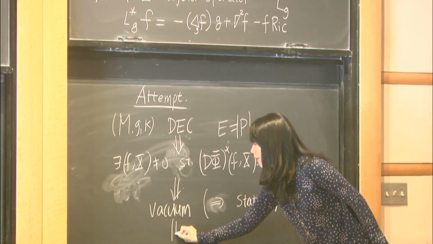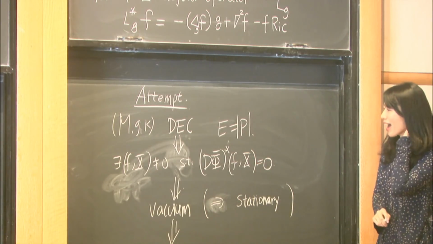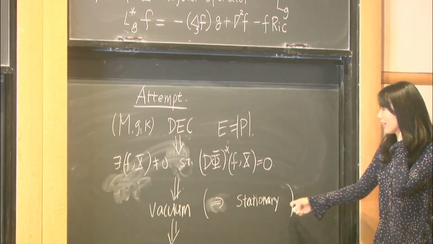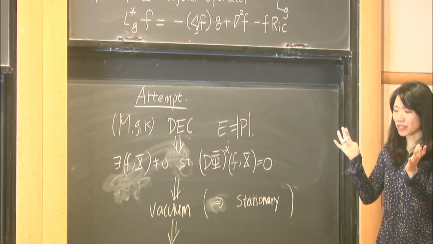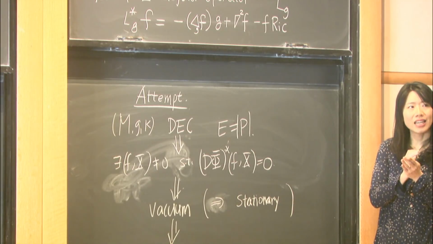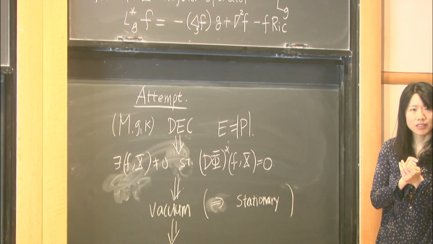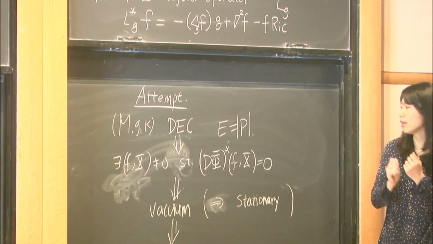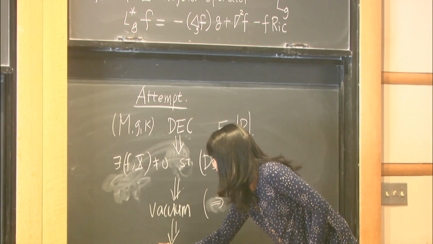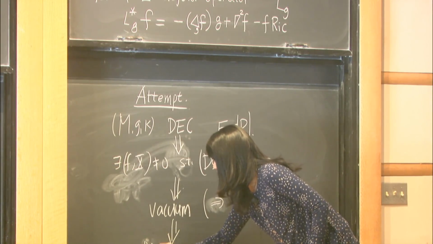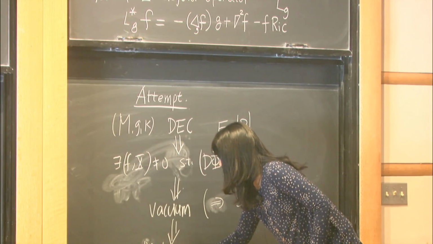And then another hope is once we know it's vacuum, we can use the classification of stationary space-time. Because now we will have a space-time which is Ricci flat and which has a Killing vector field. So the hope is there are not too many. We want to see whether we can classify it and see this must be Minkowski space-time.